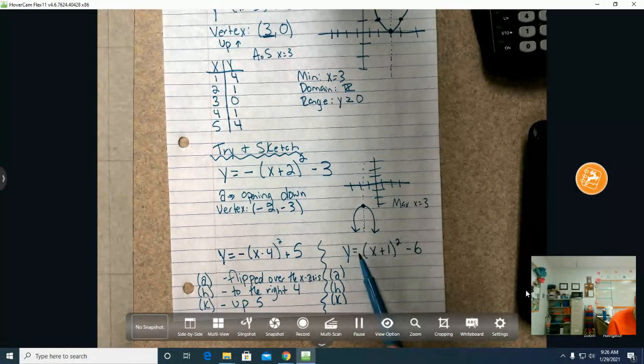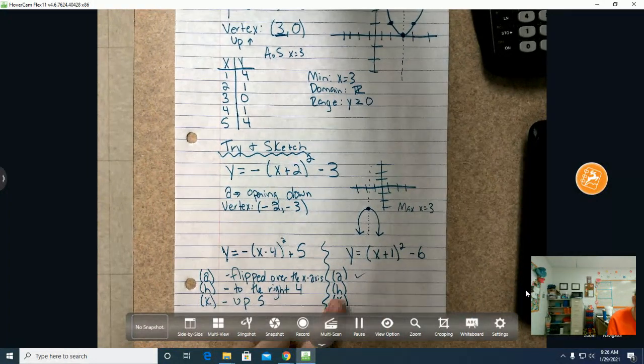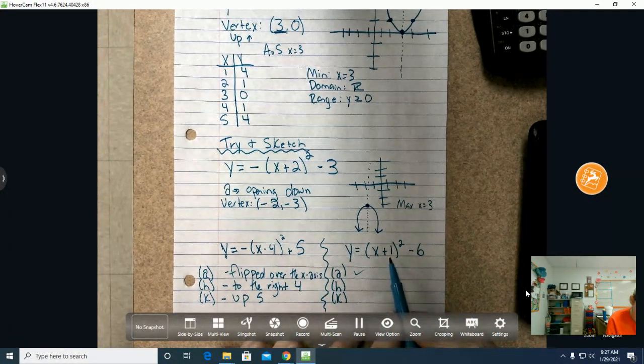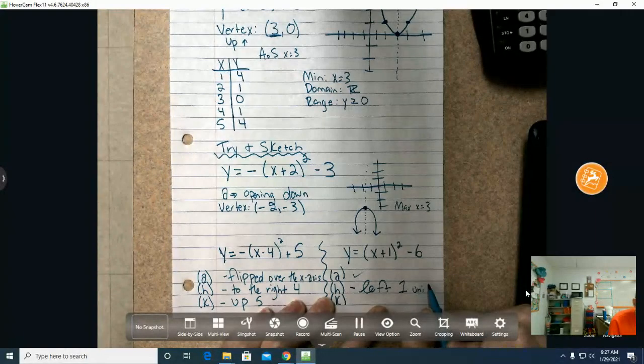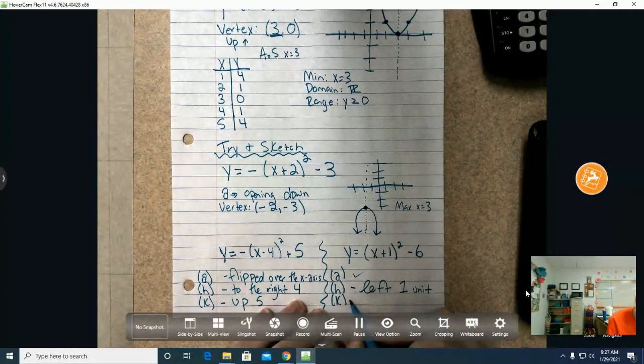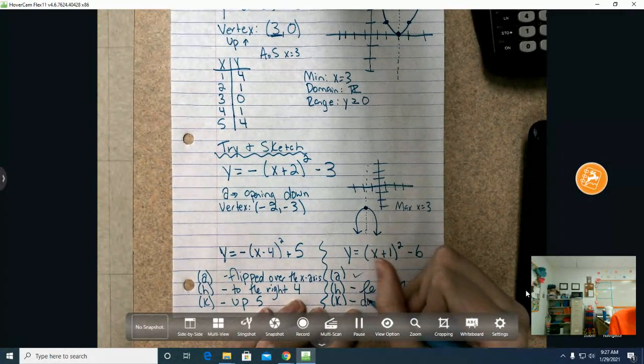So I don't have an a value on this one, so nothing's being flipped, so I really don't have to worry about this one. For my h value, I have a plus 1, so that's going to move it to the left 1 unit. My k value is minus 6, so that's going to move it down 6 units.